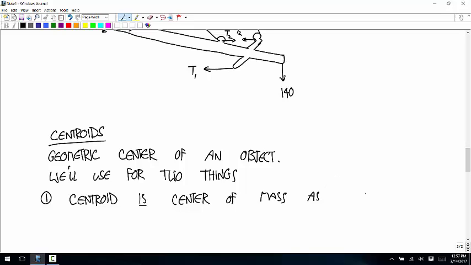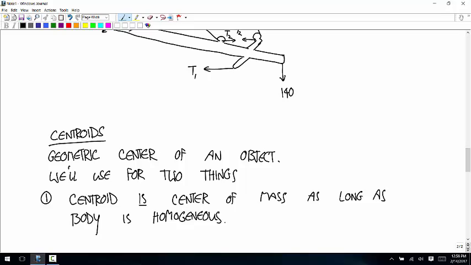So as long as the body is homogeneous. Homogeneous just means it's the same composition over here that it is over here.